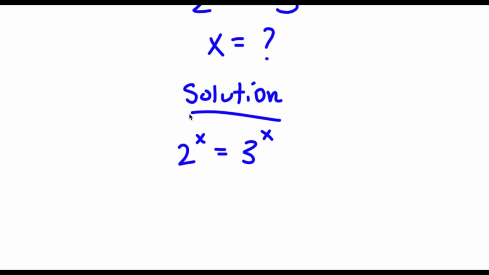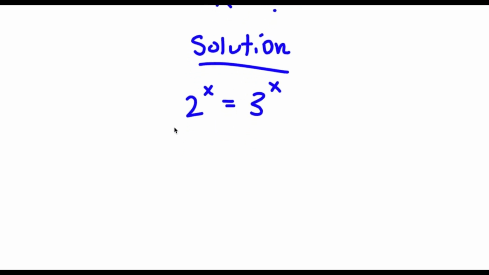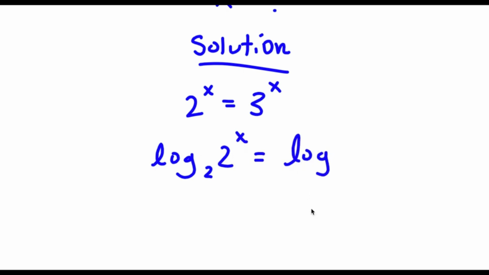Now, I'm going to be taking the log of base 2 on both sides. So now I have log base 2 of 2 to the power of x is equal to log base 2 of 3 to the power of x.